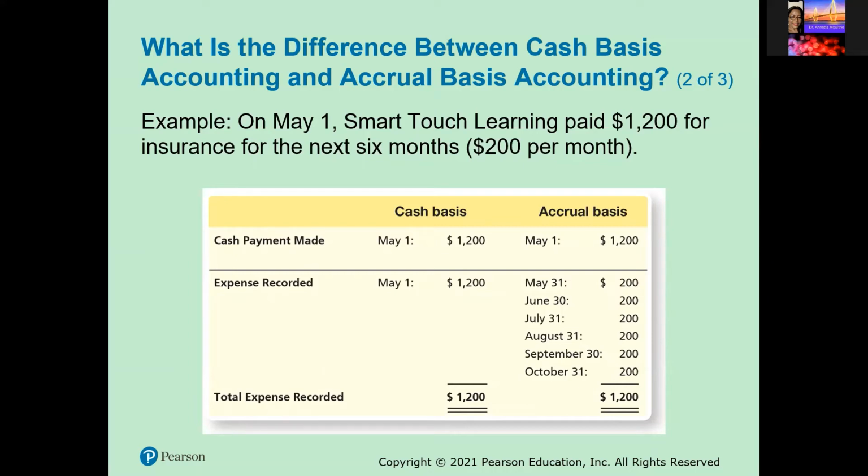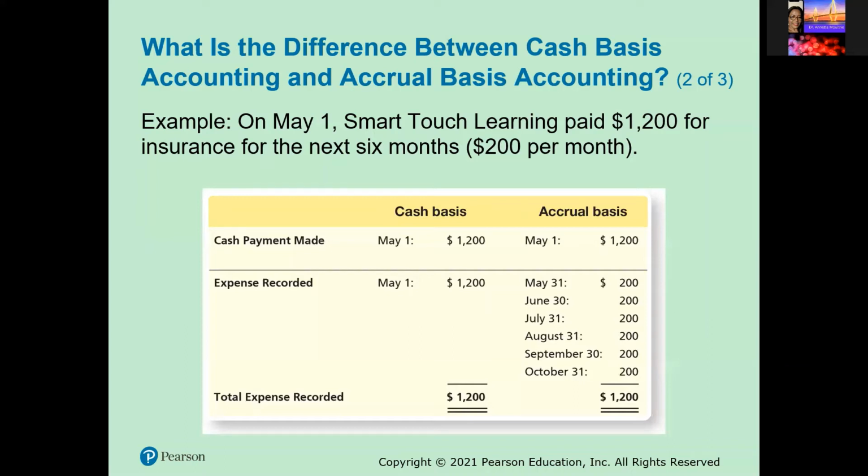Under the cash basis method, the company Smart Touch Learning would record the entire $1,200 on May 1st. And this is because the cash basis method records an expense when cash is paid. But with the accrual basis accounting, the company will have to prorate the expense.